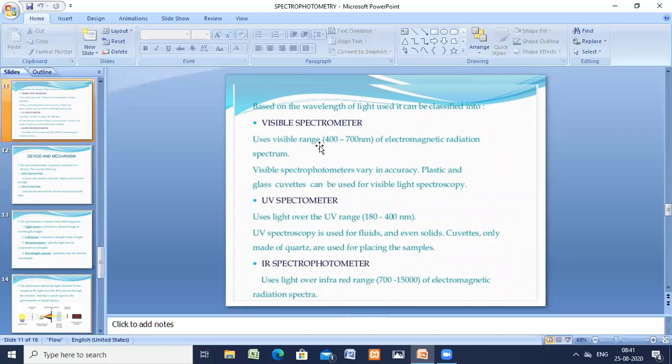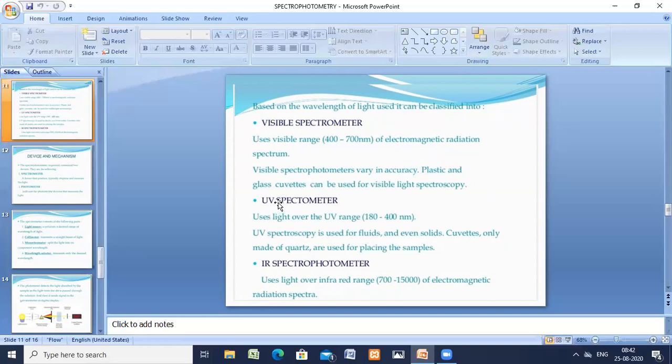The visible range is from 400 to 700 nanometers of the electromagnetic radiation spectrum. Visible spectrophotometers vary in accuracy, and plastic and glass cuvettes can be used for visible light spectroscopy. The UV spectrometer uses light over the UV range, from 180 to 400 nanometers, and UV spectroscopy is used for fluids and even solids.